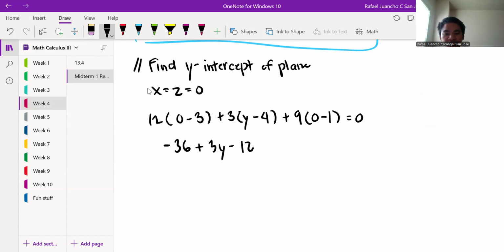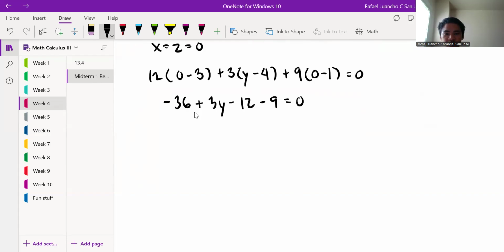3y minus 12, minus 9. Okay, and I got 3y. I just add all of these to the other side. I get 57 here. 12, 9, 36. I get 57.